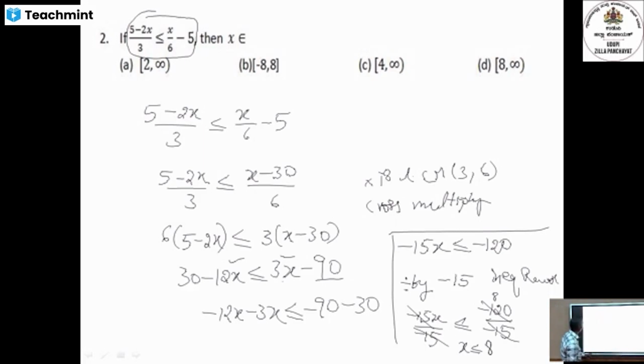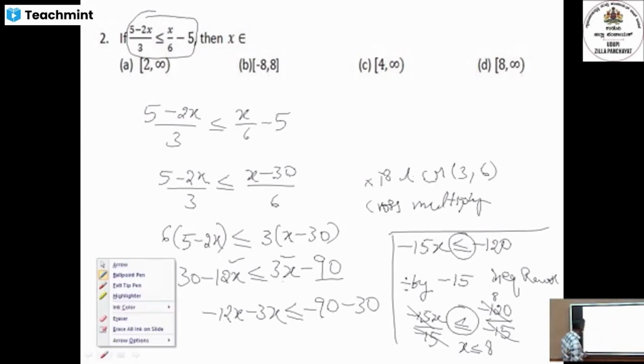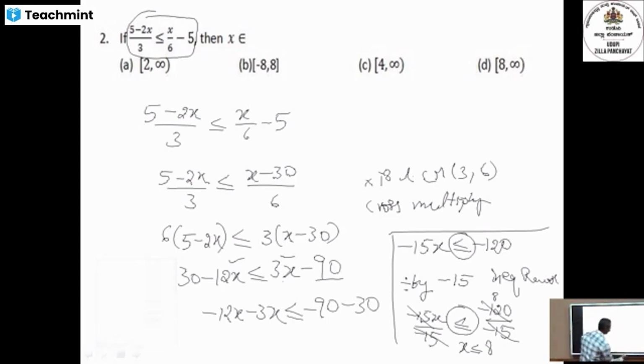So let us check the solution. I made a mistake here, I think. The inequality reverses, but I didn't reverse the inequality. You can see that the same inequality remains. Actually, what we have to do is reverse the inequality.